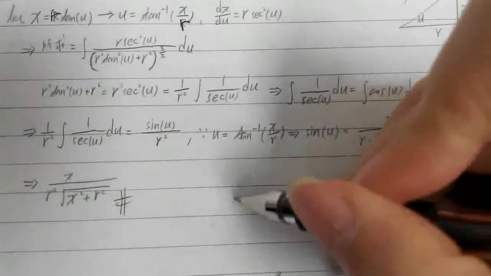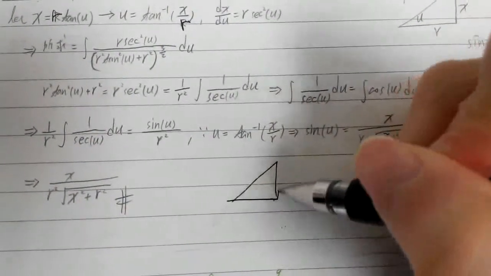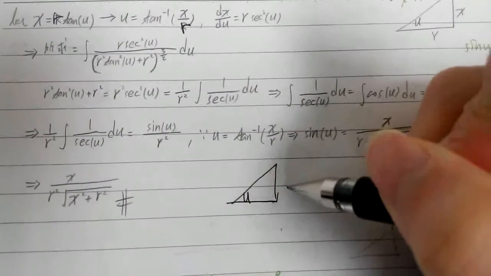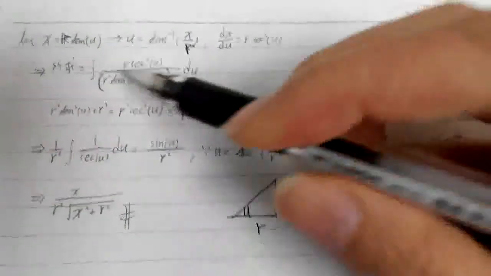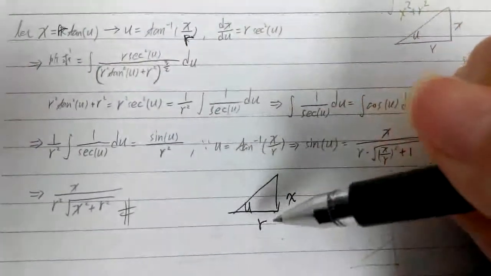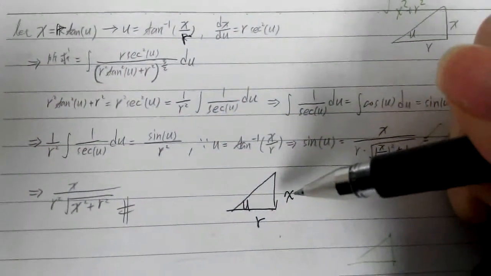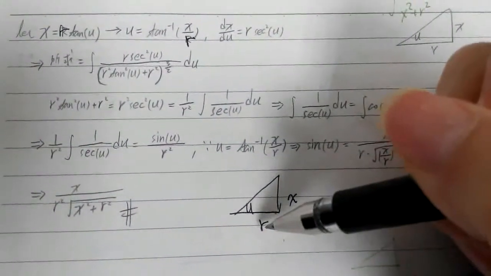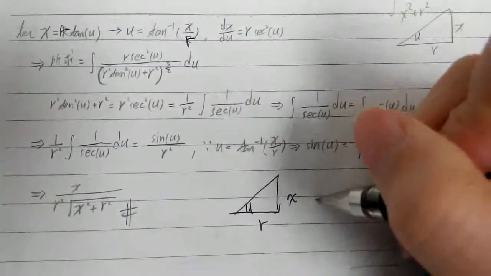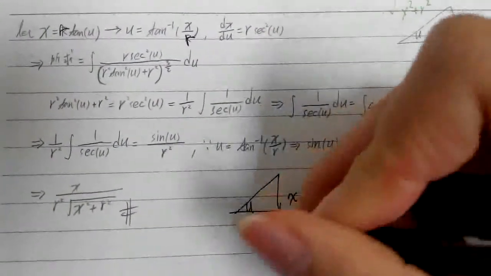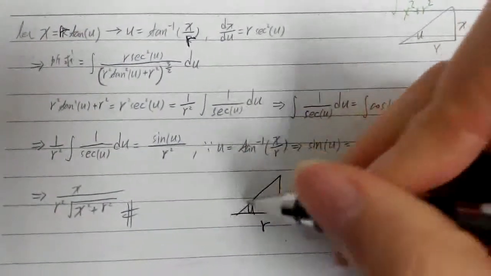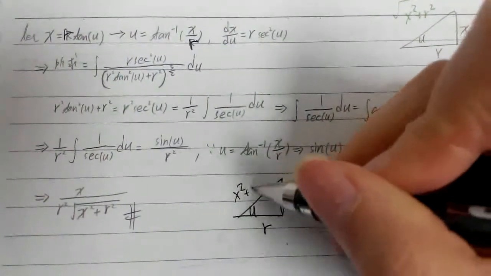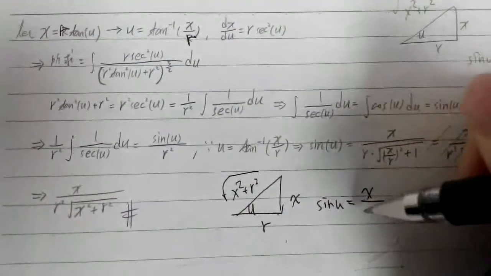And how do we do that? You can take this easily. Here will be x and r, right? Because we know tangent u will be x divided by r. Then we know sine u will be x divided by this distance, which will be the square root of x squared plus r squared.